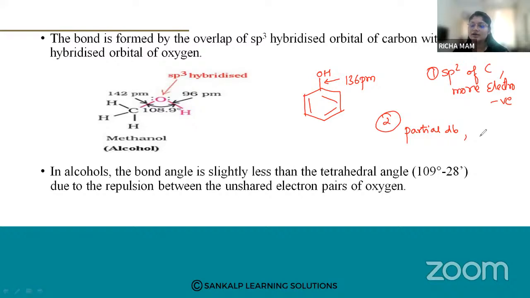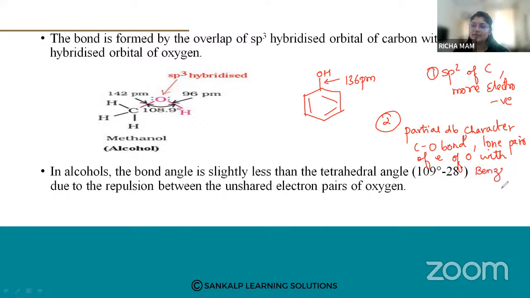What happens? The CO bond has partial double bond character because of the lone pair of electrons of oxygen with the benzene ring.